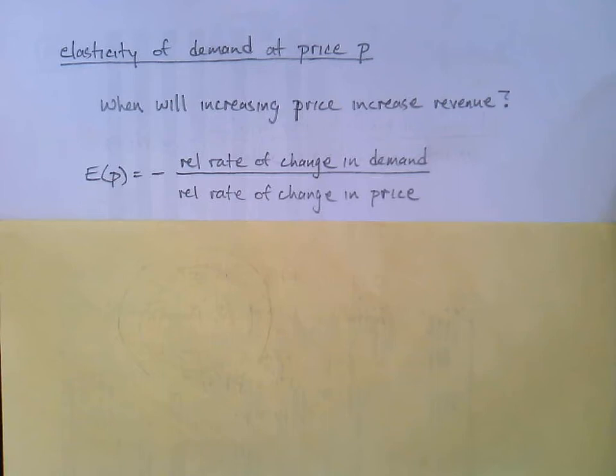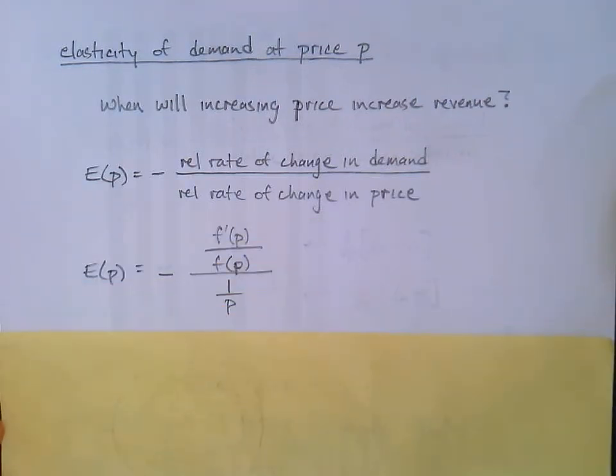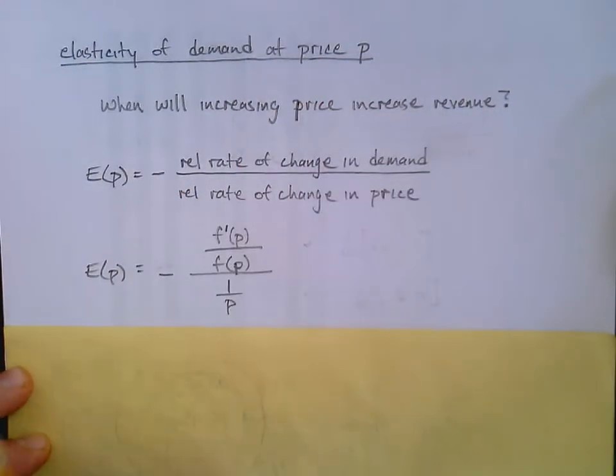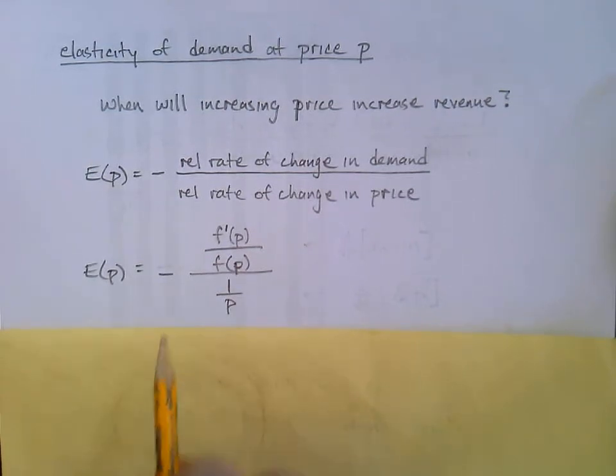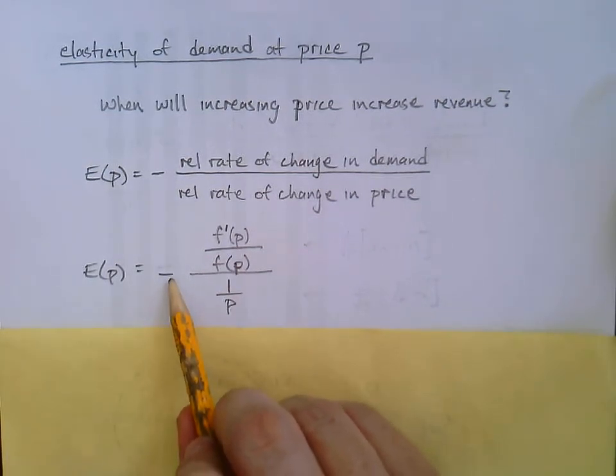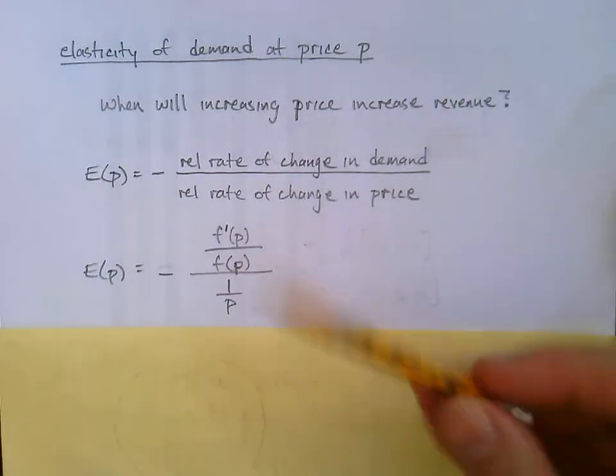Okay, let me break it down, not in words, but more in a formula style. It'll look like this. So E of P equals, okay, we got the negative out front. I'll explain that in a moment.